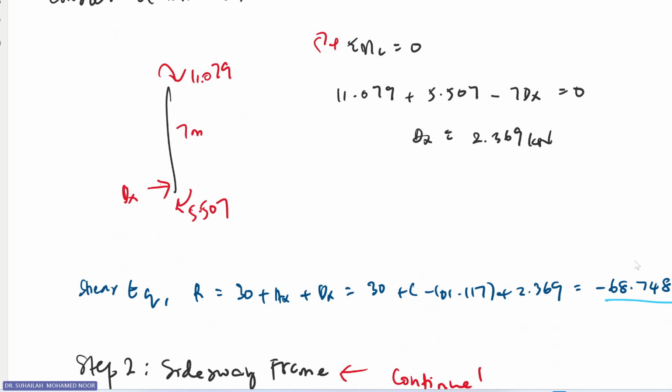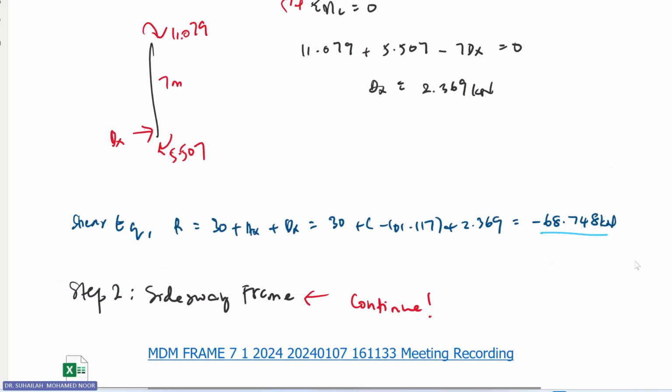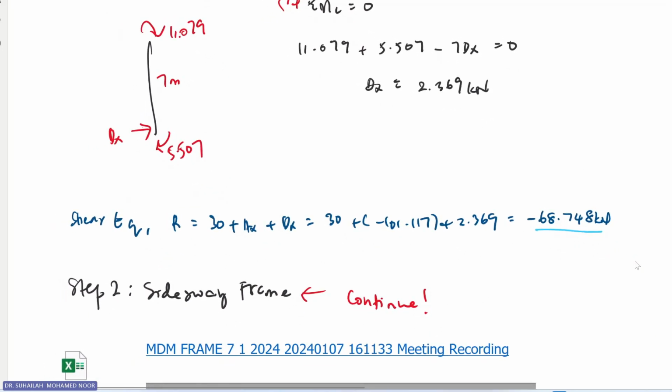Now we have already got the AX value and DX value. Then we just need to substitute AX and DX into the shear equation to get R. So we put the values into the shear equation, then we get R equal to negative 68.748 kilonewton.